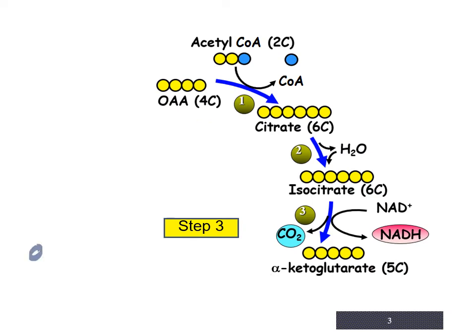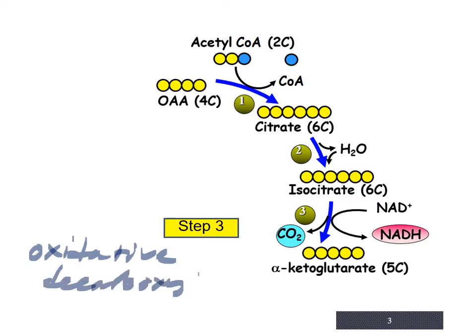Step 3 is the oxidative decarboxylation step. In this step, isocitrate will be oxidized. Oxidized means there is removal of 2 hydrogen atoms, and also removal of 1 carbon dioxide molecule from the isocitrate.